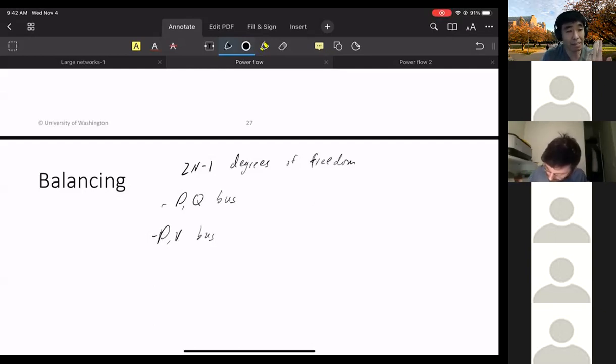So if you count it this way, it seems I'm giving you 2n numbers, so I'm giving you 1 additional degree of freedom. We said there are 2n minus 1 numbers we can pick independently, but if you go through each bus, it seems you're given 2n pieces of information. So how do we deal with this issue?